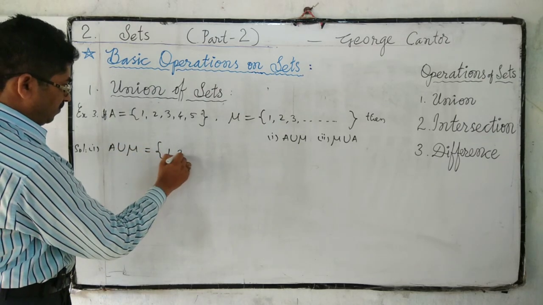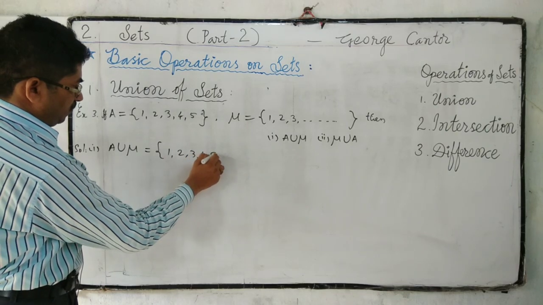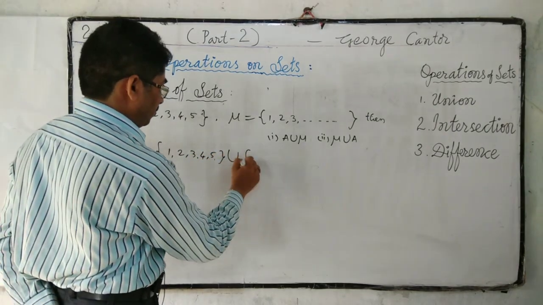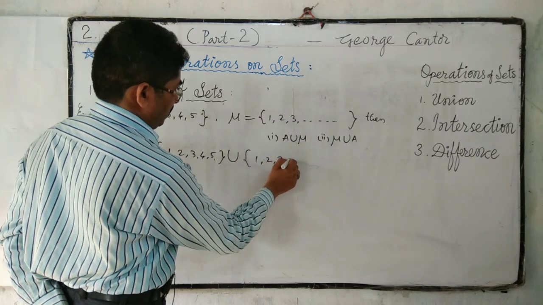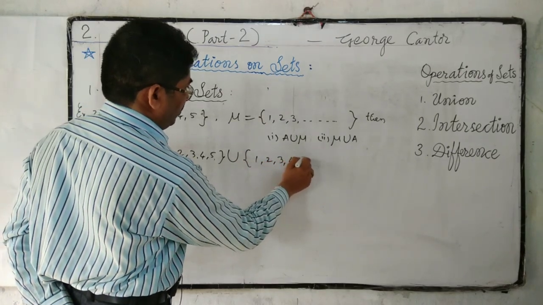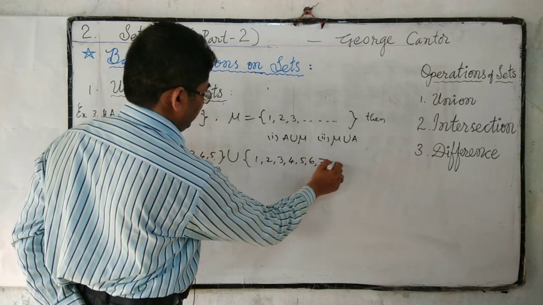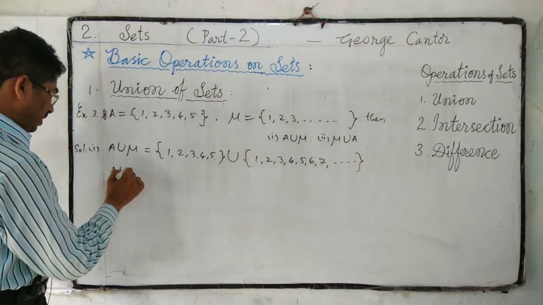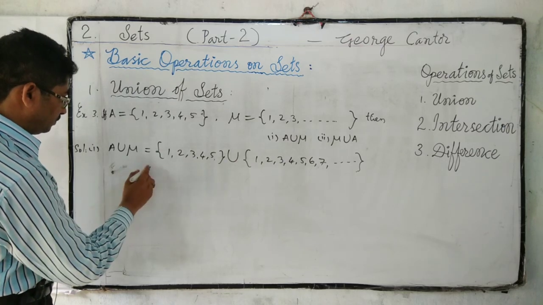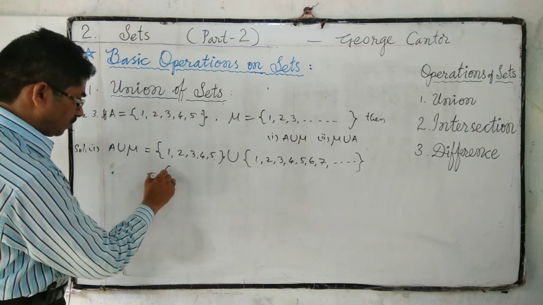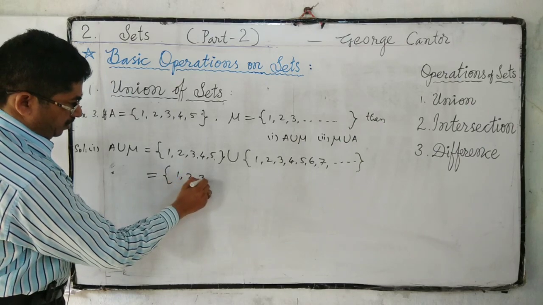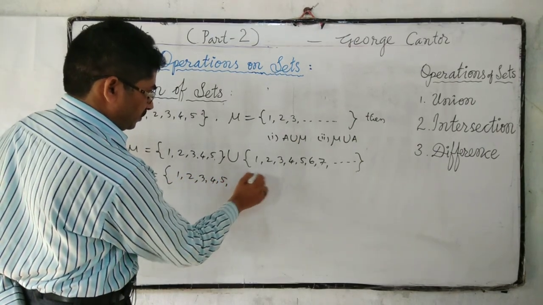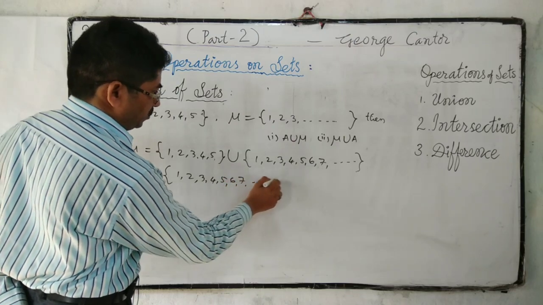A is equal to {1, 2, 3, 4, 5} union mu {1, 2, 3, 4, 5, 6, 7 and so on}. So A union mu is equal to 1, 2, 3, 4, 5, 6, 7 and so on.